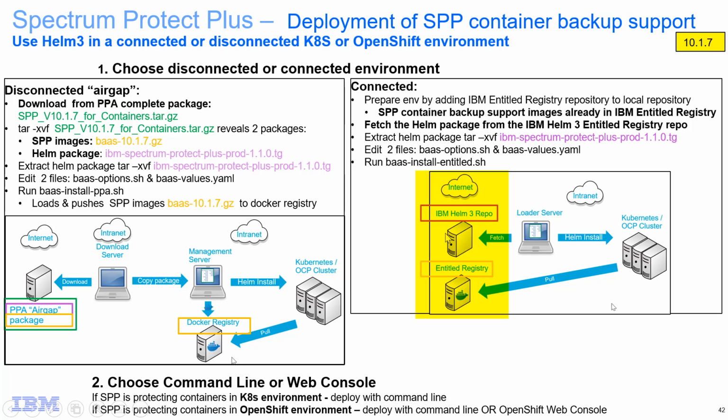It'll pull the Helm instructions from there, and from the entitled registry, it will pull the actual Spectrum Protect Plus container backup support application files to be installed into the environment. Now, depending on the environment you're installing in, we can do both of these via a command line install, or if you're installing into an OpenShift environment, you could also deploy it with the web console.